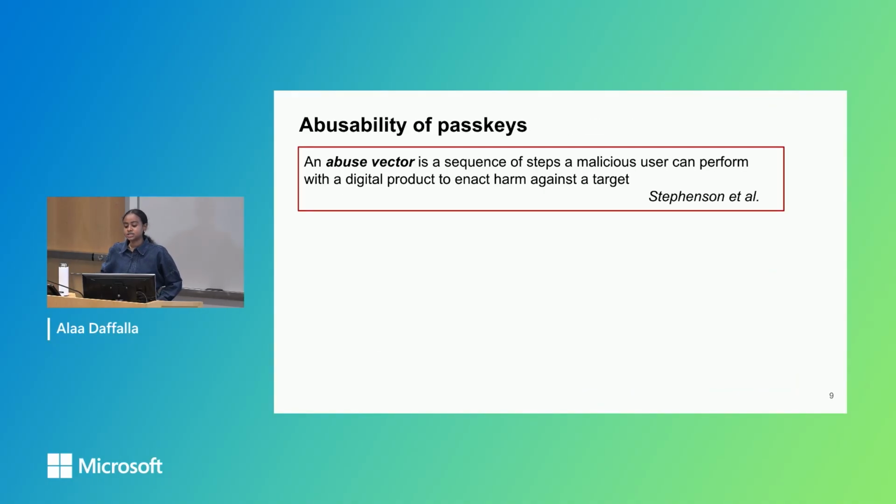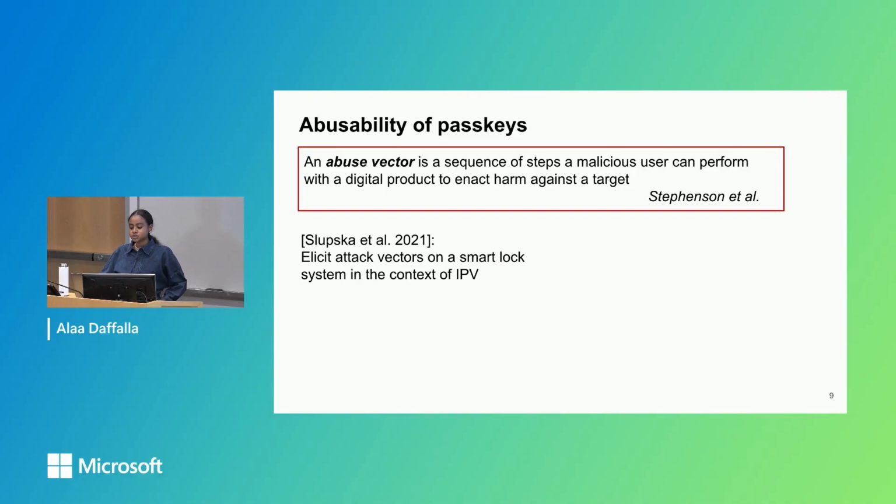In order to identify abuse vectors, such as the passkey cloning example in the prior slide, we require a structured way to hypothesize and test abuse vectors in real systems. Stevenson et al. defined an abuse vector as a sequence of steps a malicious user can perform with a digital product to enact harm against a target.